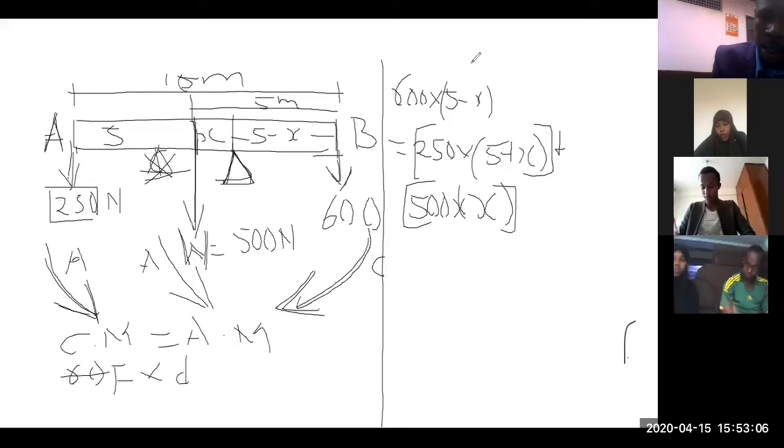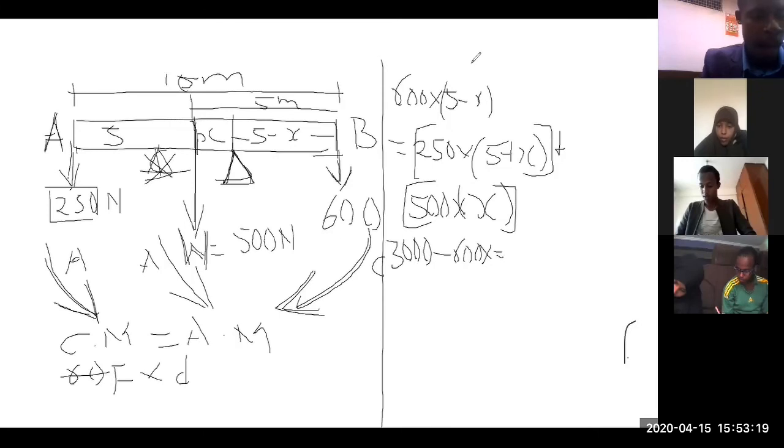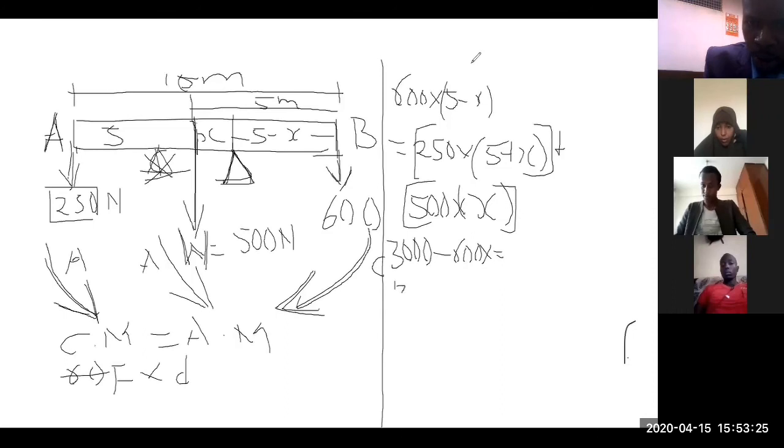When we work out the first part, we have 3,000 minus 600x being equal to 1,250 plus 250x, a plus, and the second bracket gives 500x.